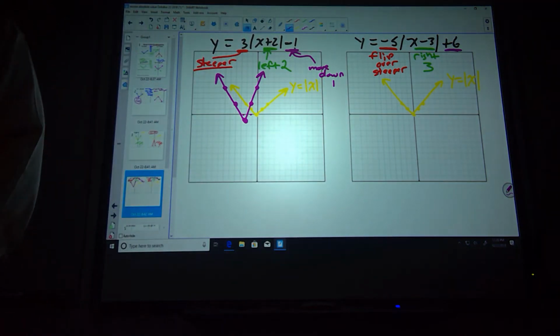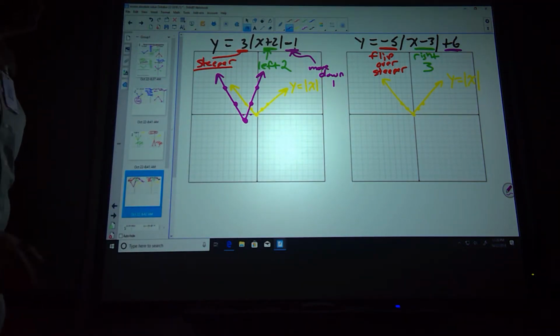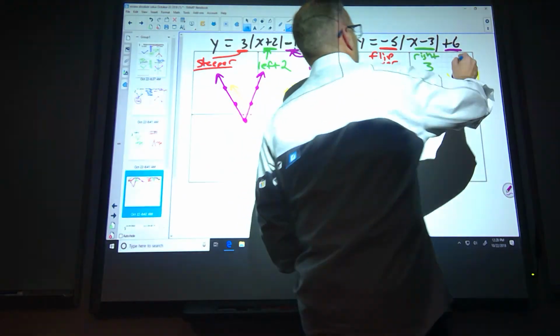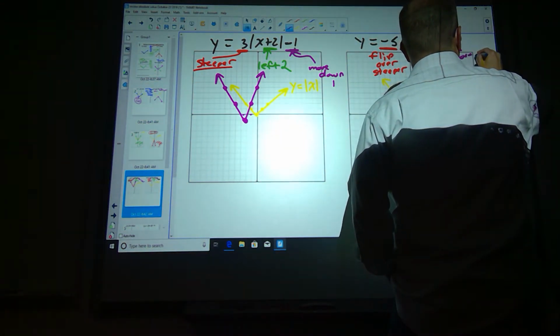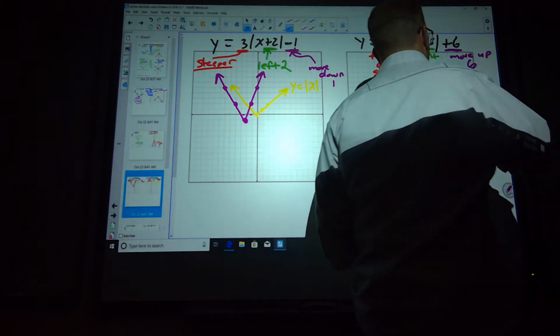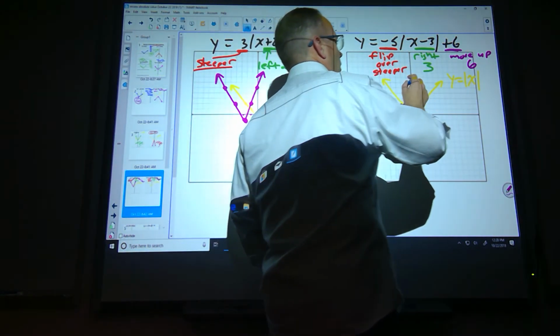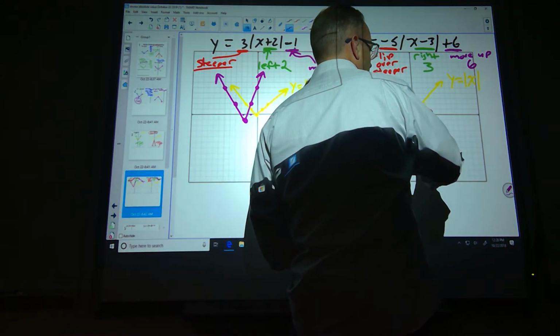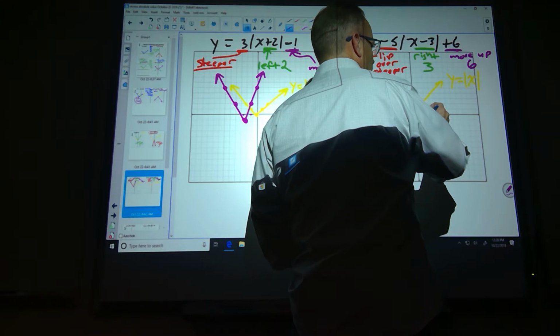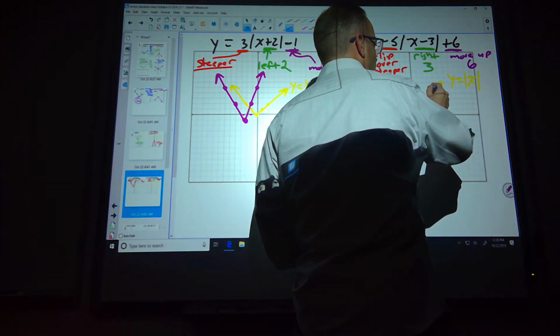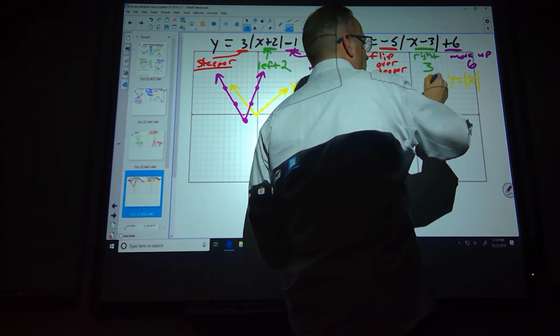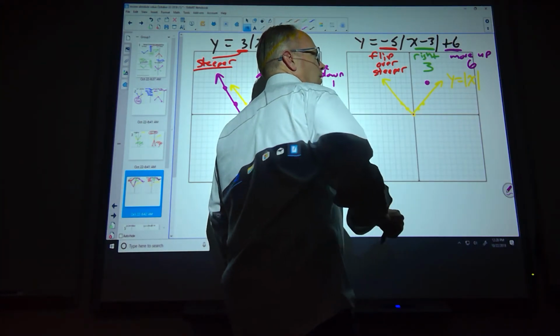Up 6. Okay, I'm not worried about the flip over yet. I'm going to go right 3: 1, 2, 3. So I'm moving that point 1, 2, 3, and up 6: 1, 2, 3, 4, 5, 6. So this to that is now there.